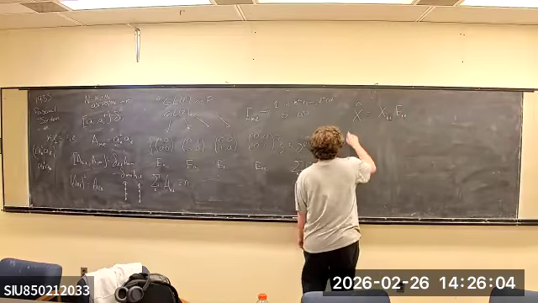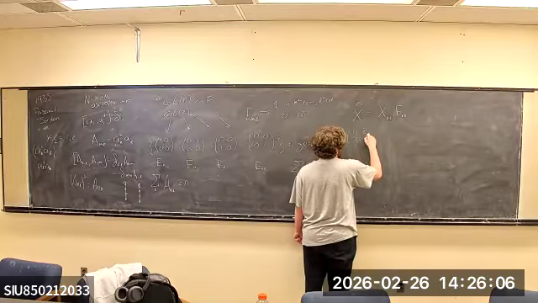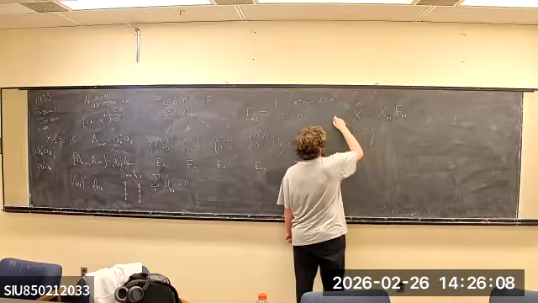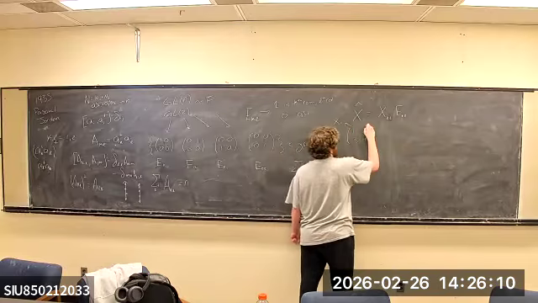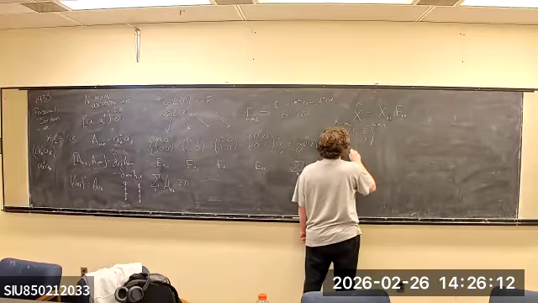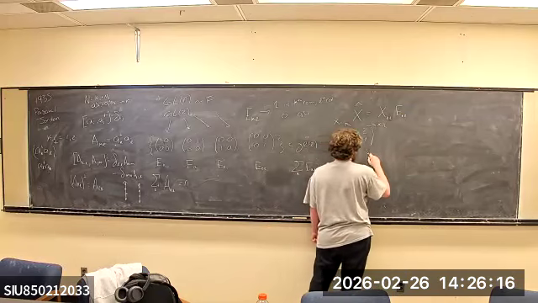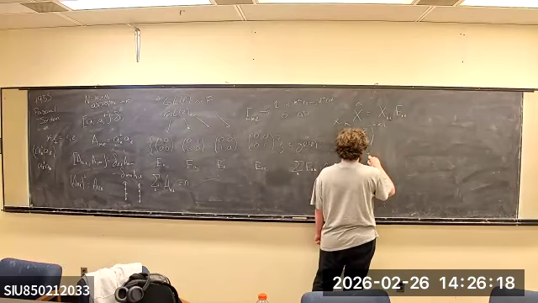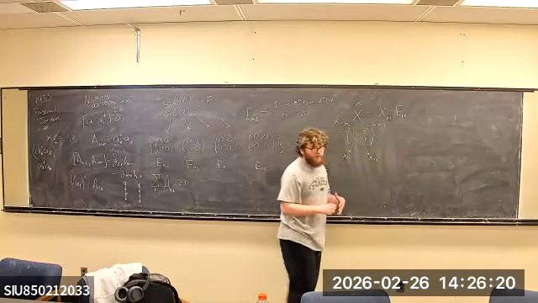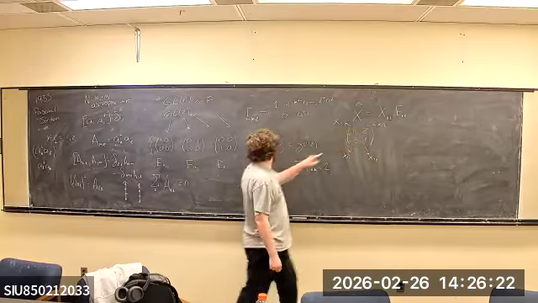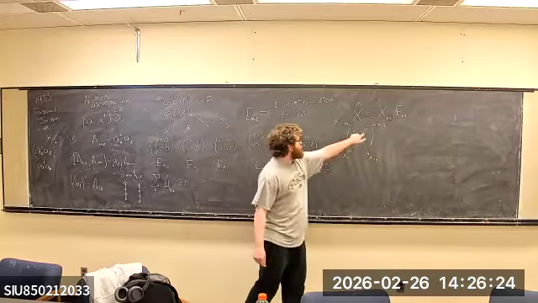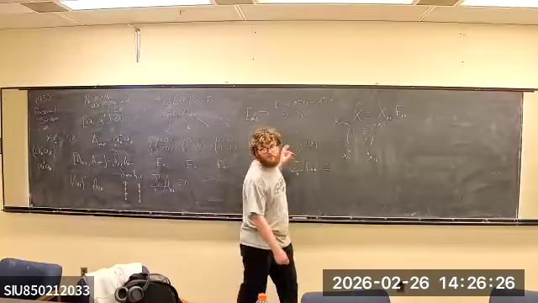So for instance, if I took 1, 2, 3, 4, this is X11, X12, X21, and X22. And this is just 1 times this plus 2 times that, 3 times that, 4 times that.